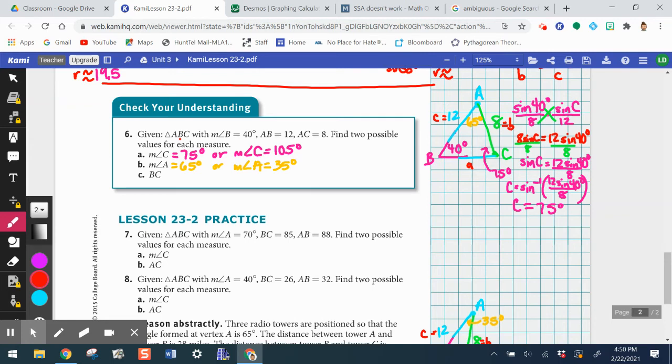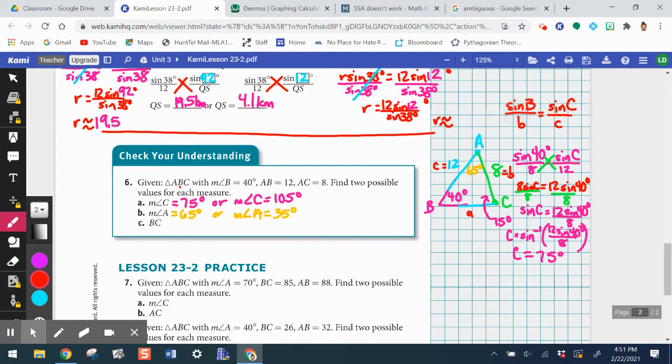angle C is. So the first possibility, I know it's going to create an acute angle as one possibility. So I drew that this distance from A to C is 8, and I didn't know angle C or angle A at the beginning. I should point that out because there's actually two possibilities. So for starters, I knew angle B and I knew its opposite side.